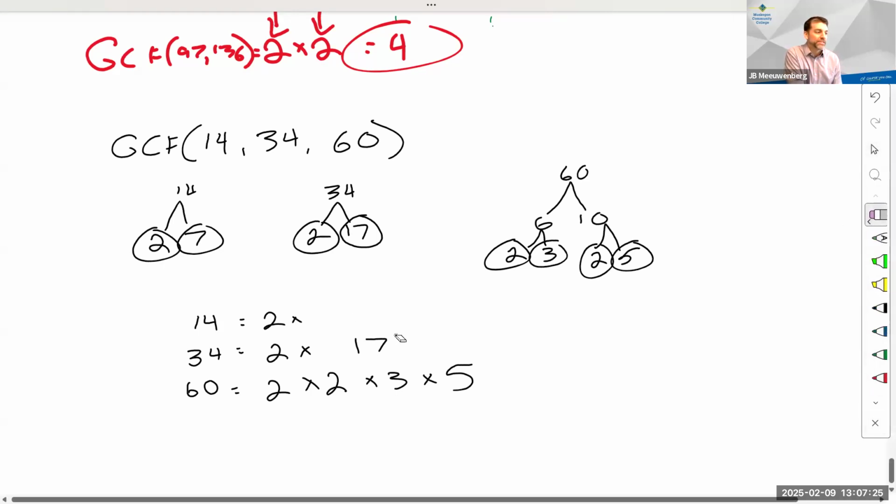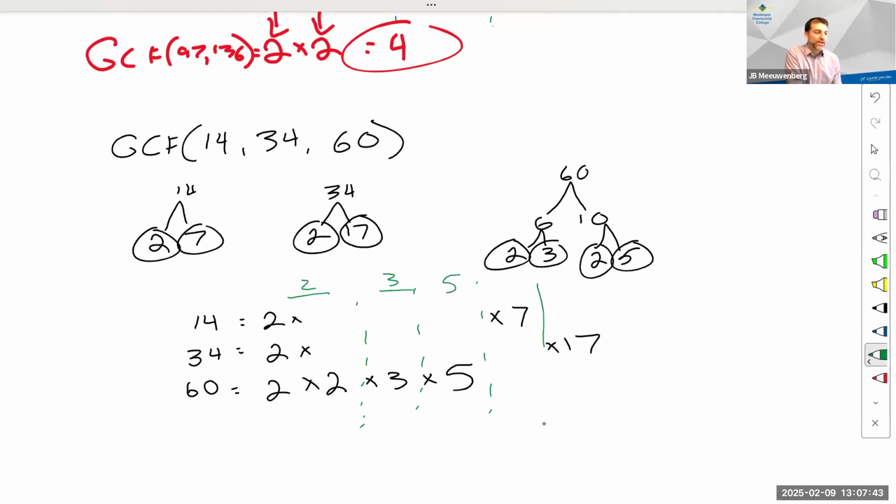I'm going to move the 7 and the 17 over, just so they kind of look like the other ones we've been doing. Times 7 times 17. All right, so we're keeping our 2's in this range, our 3's in this range, our 5's here, our 7's here, and our 17's here, okay?